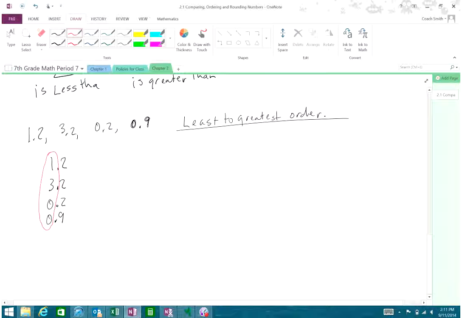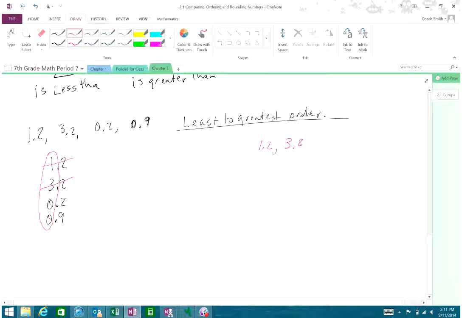So now we look at this first set of numbers. I have 0, 0, 3, and 1. Well, 3 and 1 are larger than 0 and 0. So which is larger, 1 or 3? 3. So I'm going to put 3.2 as my first one. My second one then is 1.2.